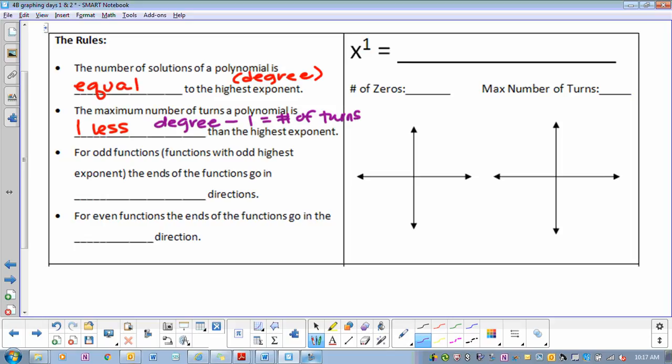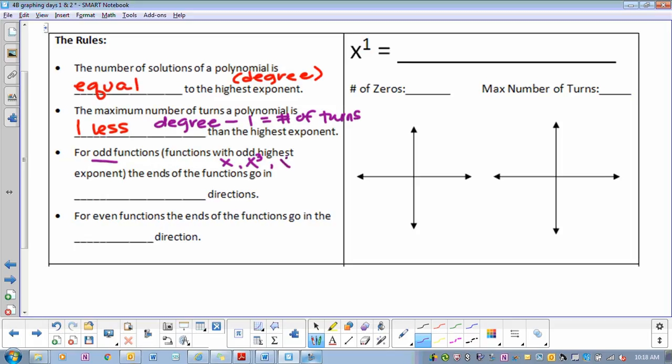So here's the thing. Now we're going to talk about functions as odd or even. Odd functions are basically functions where your biggest exponent is an odd number. So for odd functions, which are x, because that's x to the first, what's another odd number? 3, so x to the third, that's an odd function because your biggest exponent is an odd number.